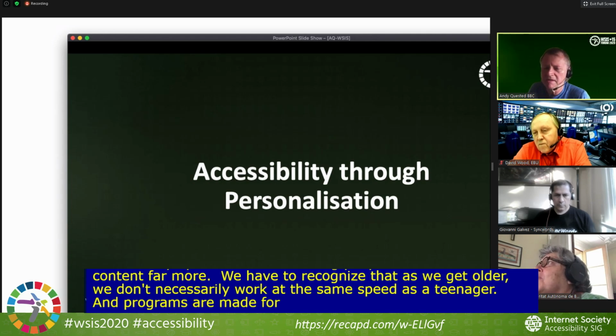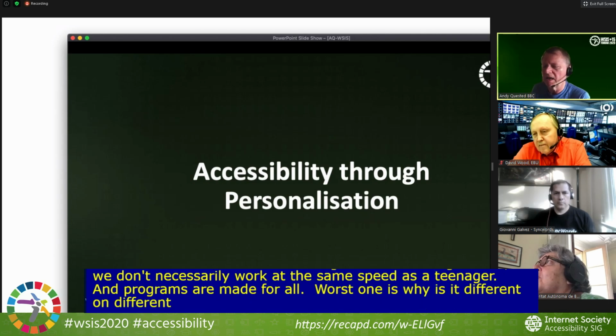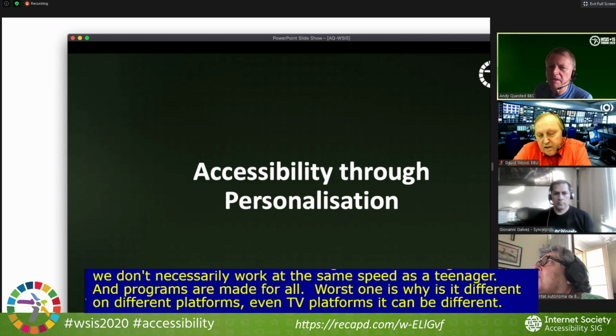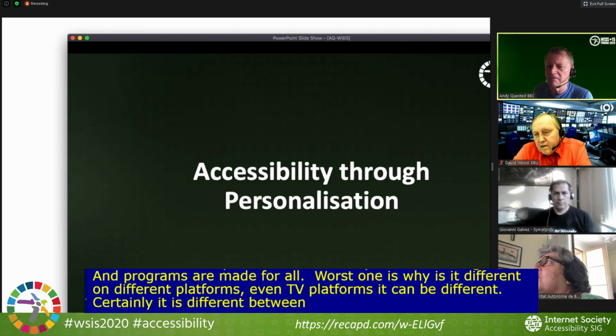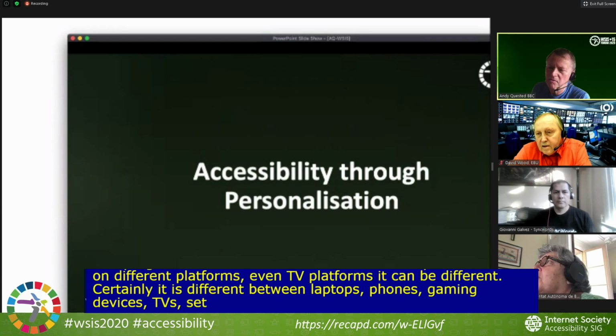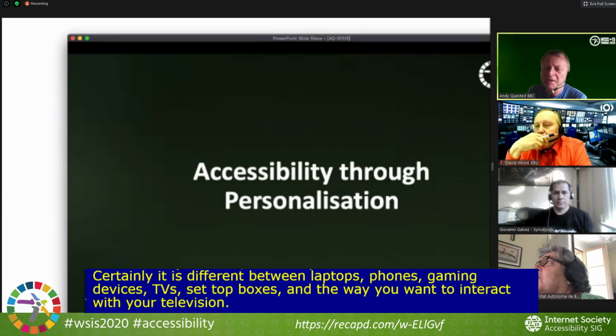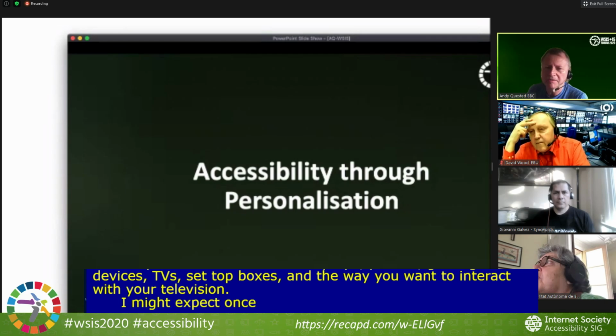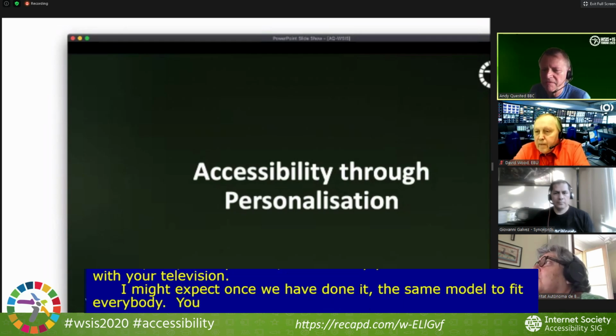Even on TV platforms it can be different, but certainly it can be different between laptops, phones, between gaming devices and TVs, between set-top boxes, and the way you want to interact with your television. And why do we expect, once we've done it, the same model to fit everybody? You have captions or you do not have captions. You have signing or you do not have signing.